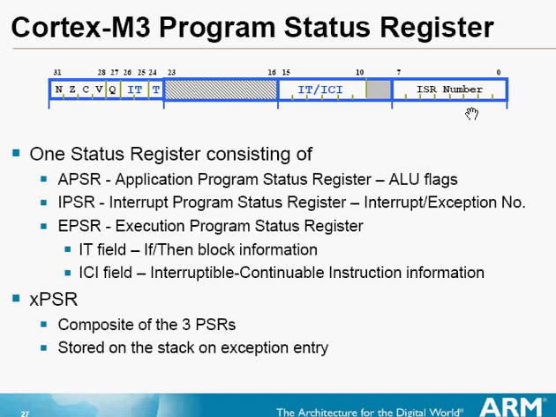So if it is 0, it means thread mode. If it is 1, it's reserved. 2 is for NMI, non-maskable interrupt. 3 is for hard fault. 4 is for memory management fault. 5 is for bus fault. 6 is usage fault. 7 is reserved, and so on and so forth.